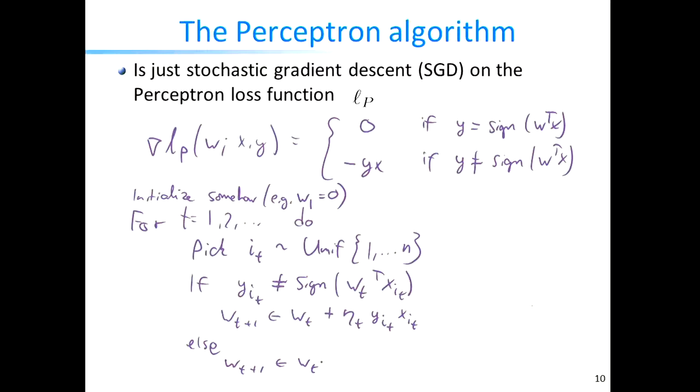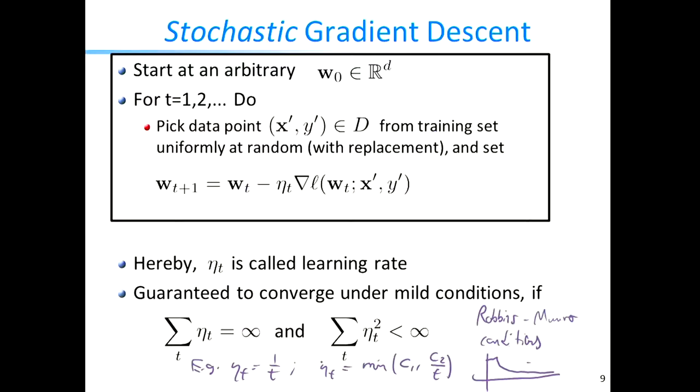Yes? I have a question regarding the previous slide. You always have a finite number of steps, so I'm not sure about the conditions. If the rate continues later as 1 over t, then it will satisfy the condition. Of course, you only have finitely many steps.